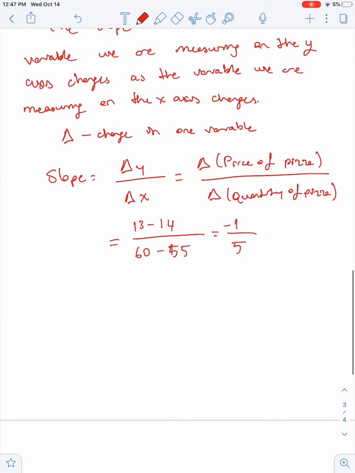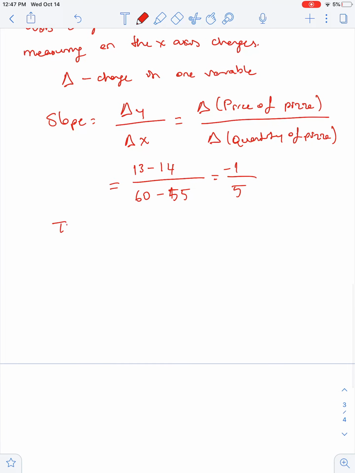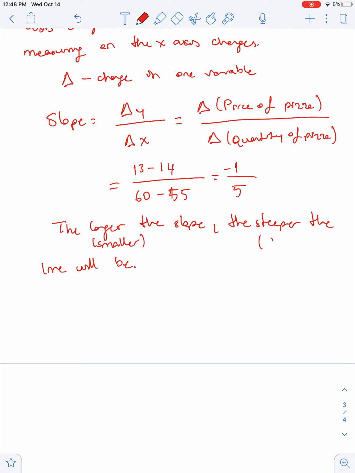The larger the slope, the steeper the line will be, or the smaller the slope, the flatter the line will be.